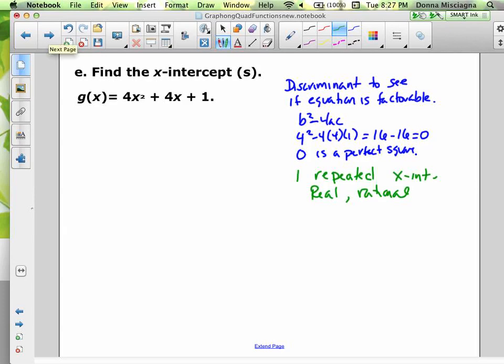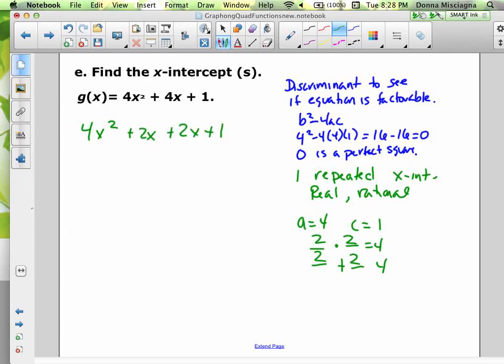So our a is equal to 4, and our c is equal to 1. So 4 times 1 is 4. We need two numbers that multiply to give us 4, but add to give us our b term of 4. Well, 2 times 2 is 4, and 2 plus 2 is 4. So we have 4x squared plus 2x plus 2x plus 1 equals 0.